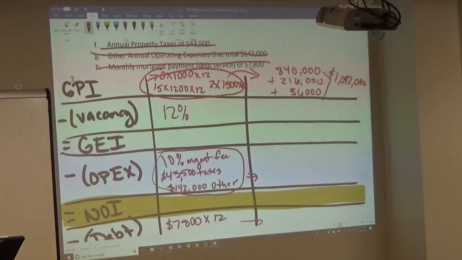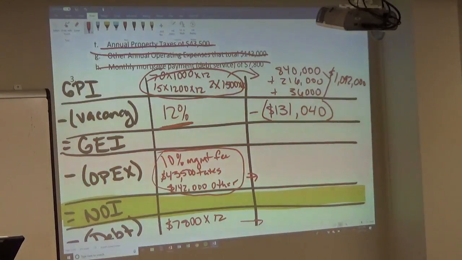Now the next step in the formula is to subtract the vacancy, and we know that the vacancy is 12% of the number we just calculated, that gross potential income. So 1,092,000 times 12%, that is 131,040 in vacancy, and we know that's minus because everything on this line is a minus.